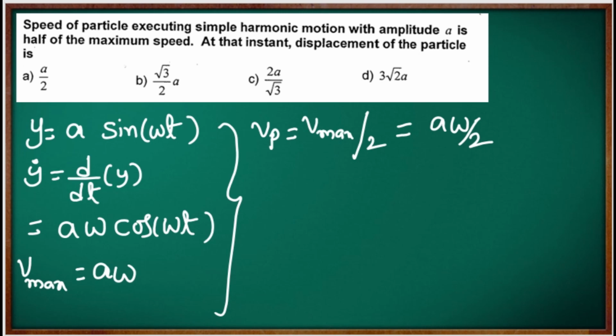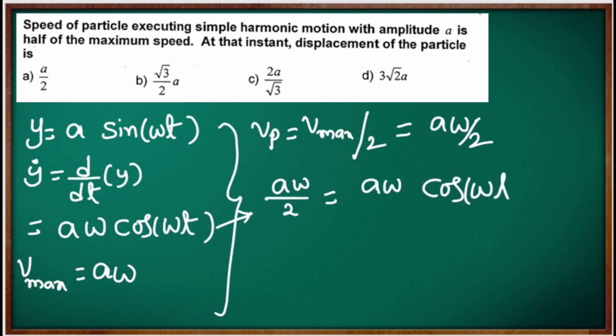So if we substitute that, we will get a omega by 2 equals a omega cos omega t. We have to find omega t so that we can substitute the same in y equals a sin omega t and get the displacement at that particular instant.